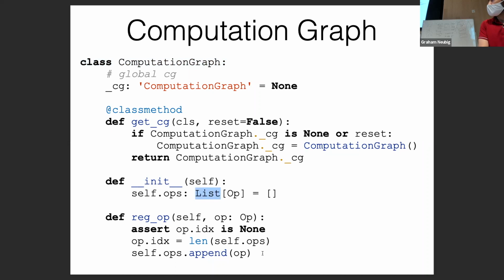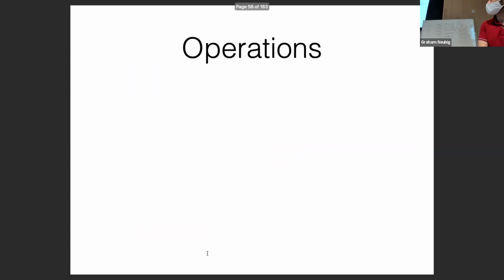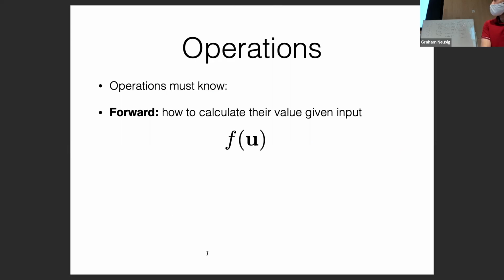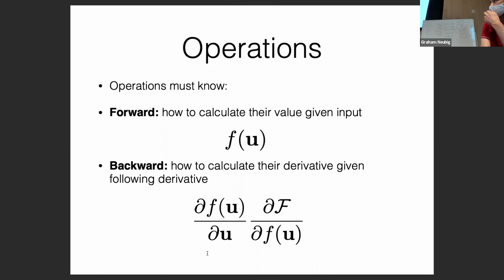And when we add something to the computation graph, we basically append the operation to the end of the computation graph. Pretty simple stuff. We also have operations, and operations must know how to calculate their value given the input, and also how to calculate their derivative given the following derivative.